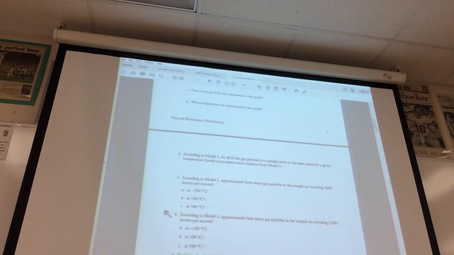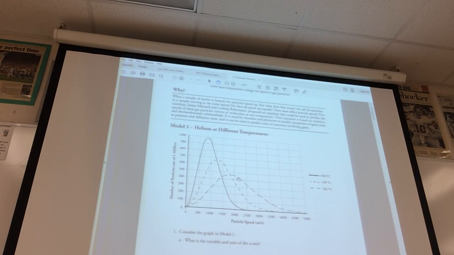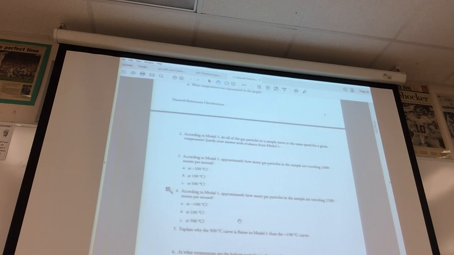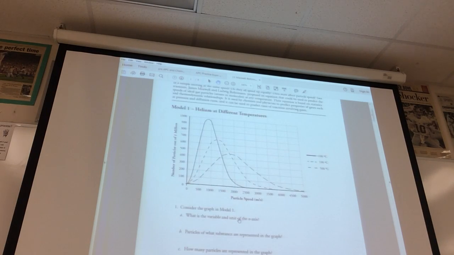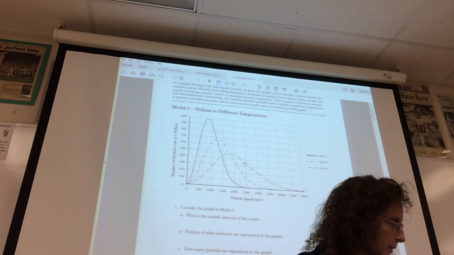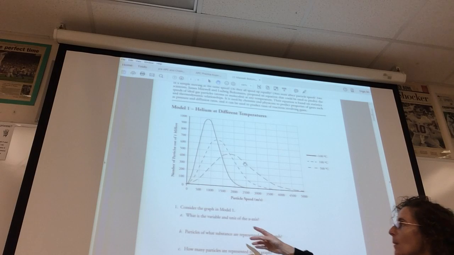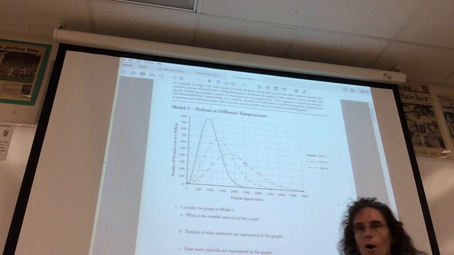So why is the 500 degrees Celsius curve flatter in Model 1 than the negative 100? So why is it flat? More are moving faster, but there are still some of them that have no particle speed.